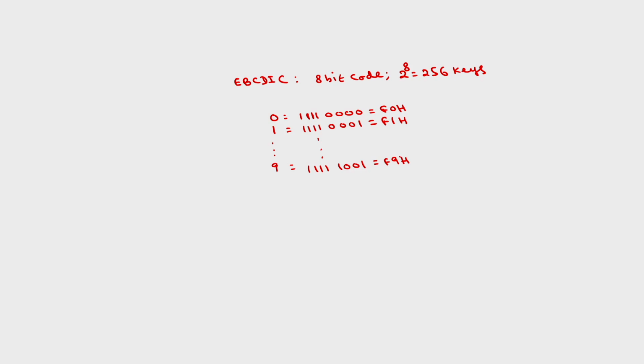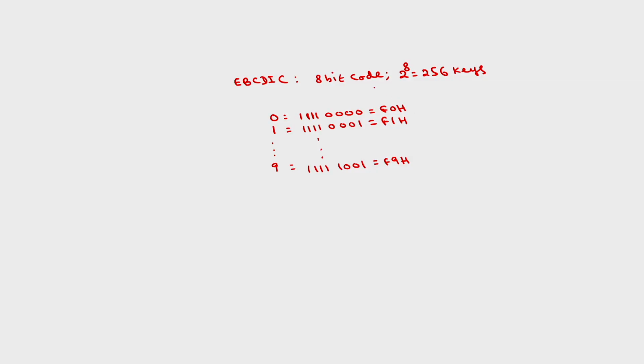Similarly, we have some code for lowercase letters and some code for uppercase letters. Now this particular XLAT will be used to convert ASCII code into EBCDIC code. Corresponding to 0, as you have seen in the last slide, ASCII is 30H and EBCDIC is F0. 1 is 31, F1, so on up to 9 is 39, F9.